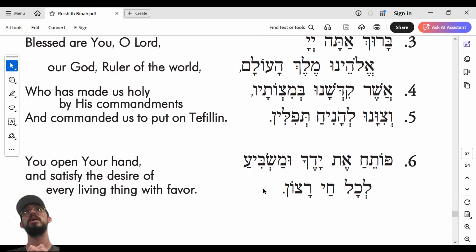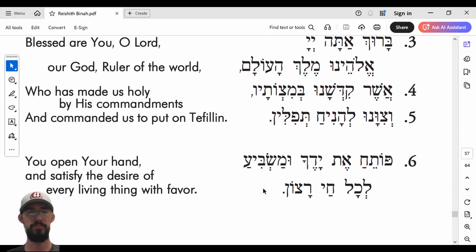It's more in the context of food, as in my stomach is satisfied. In modern Hebrew, if you would say ani save'a, it would mean I'm full. Like after you've eaten, ani save'a, I'm full.